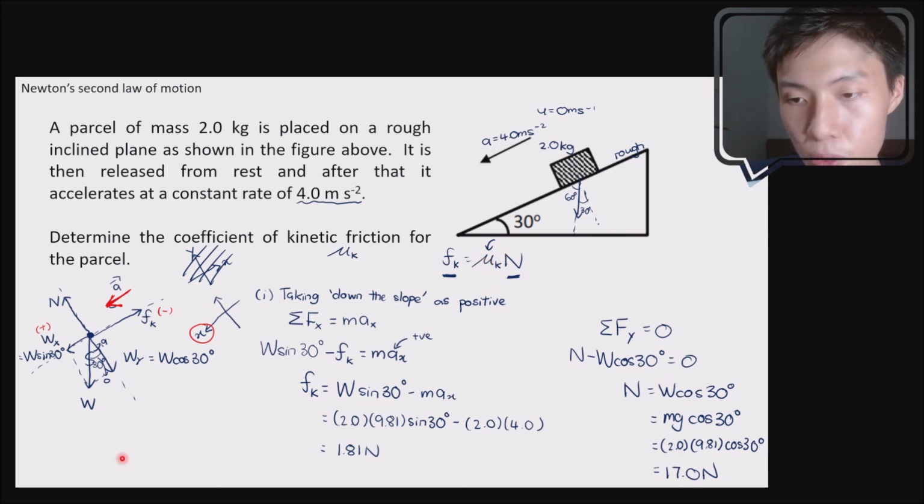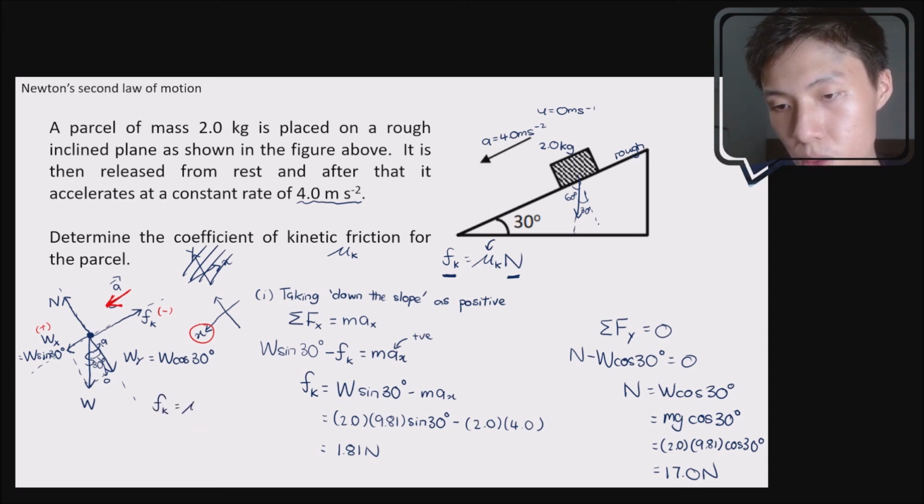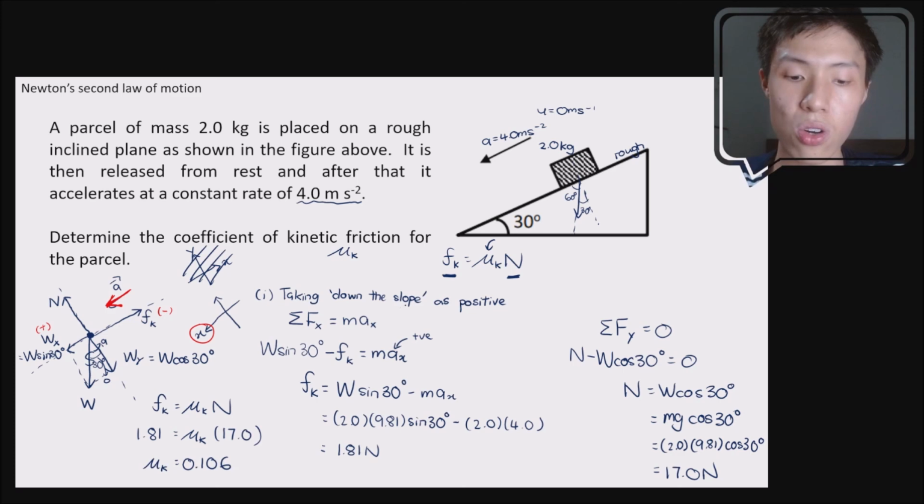Let's do that over here because I'm a bit out of space. So taking Fk equals mu k N. Fk is 1.81 equals mu k, the coefficient of kinetic friction, multiplied by 17.0, the normal force. Then you get your mu k equals 0.106. So that is your coefficient of kinetic friction.